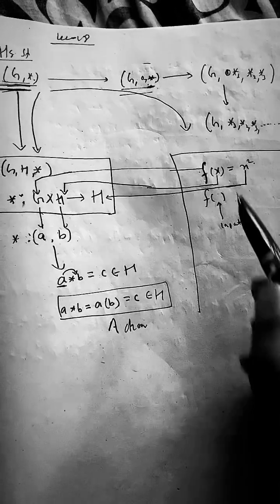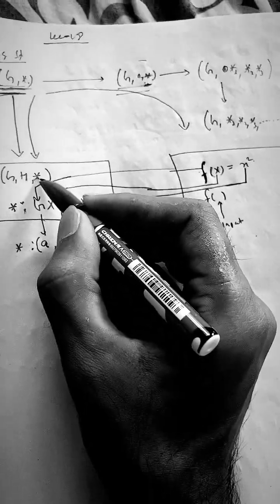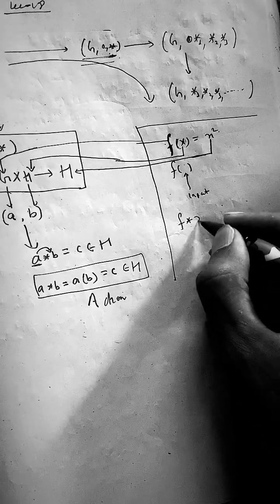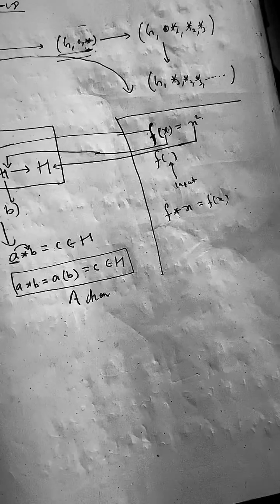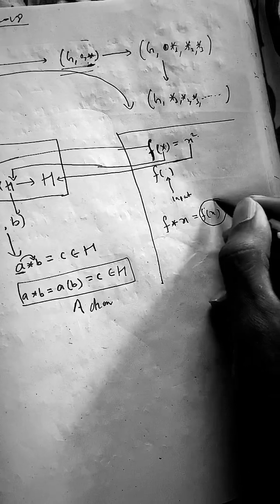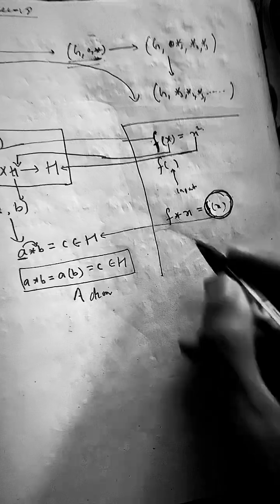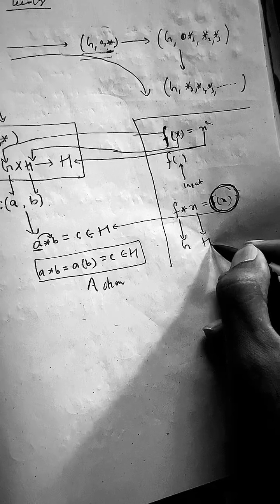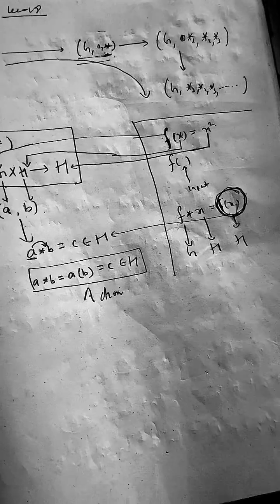All right, so f acting on x, how will it act? Through operation star. So we can say this function f acts through star and it produces f of x, right? And the value of f of x, this whole thing, is coming from H, right? F is from G, x is from H, but f of x is from H. See it very carefully.